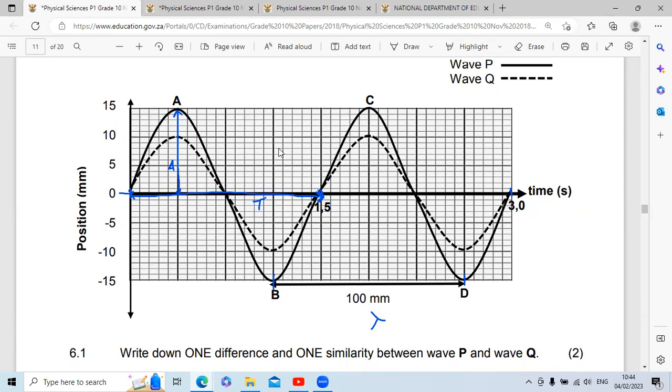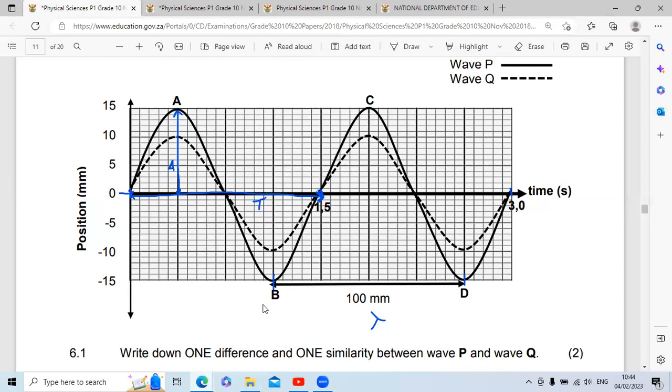You already mentioned that this one is up and this one is down. Which factor are we focusing on when you say this one is up here and this one is down here? Is it the amplitude? Yes, that's going to be the amplitude.